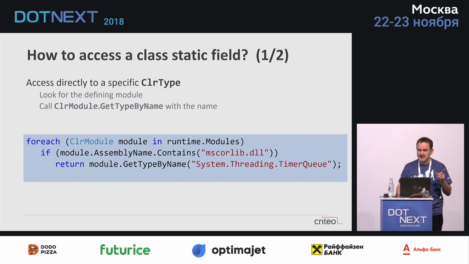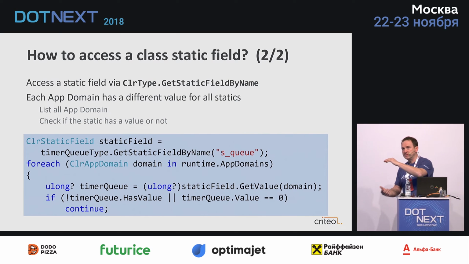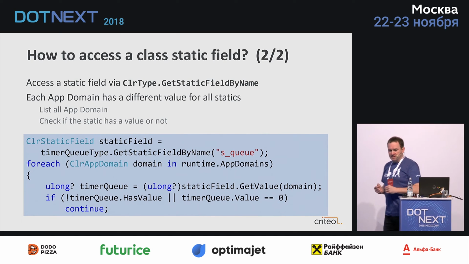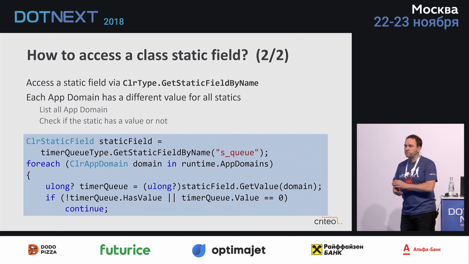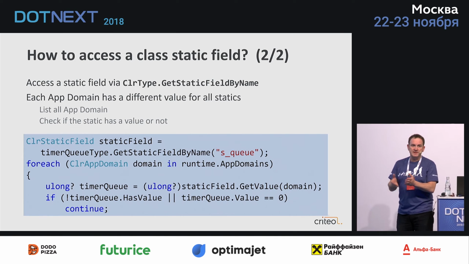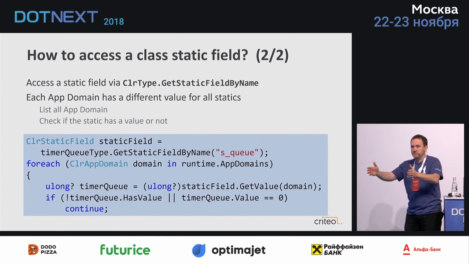So here, I get the type corresponding to the class that contains the static field. There is a difference between a static field and an instance field. In .NET, not in .NET Core, but in .NET, one process can have several app domains.